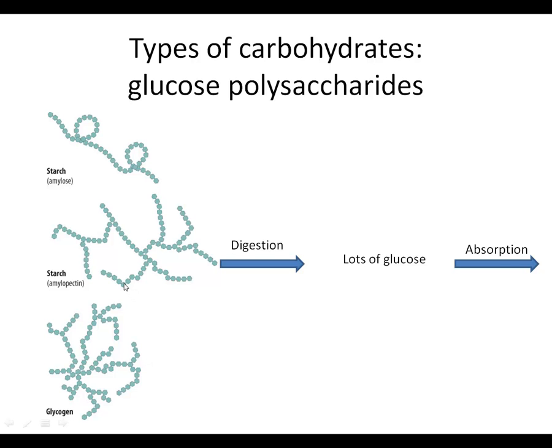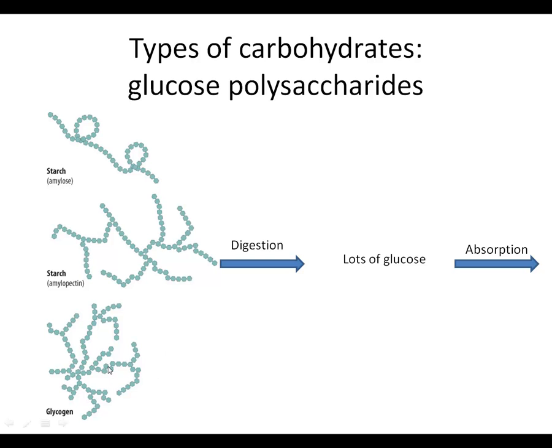Starch comes in two forms, amylopectin and amylose, and the form has some effect on how quickly they're digested, but from the point of view of digestion and absorption, the end result is that these chains, which are polyglucose, nothing else, no galactose, no fructose, are broken down through the process of digestion by enzymes into glucose, lots of it. And then only after they are broken down into glucose can they be absorbed.